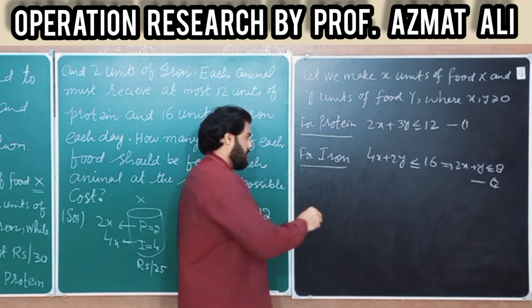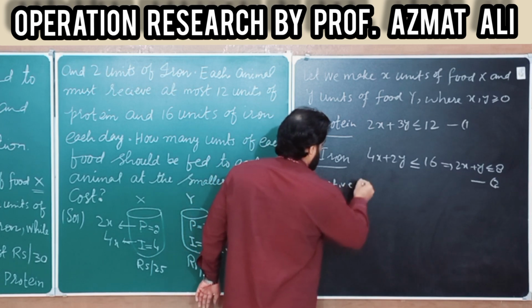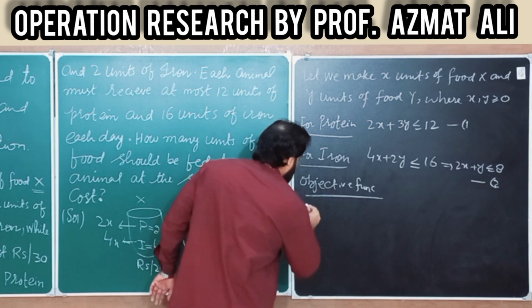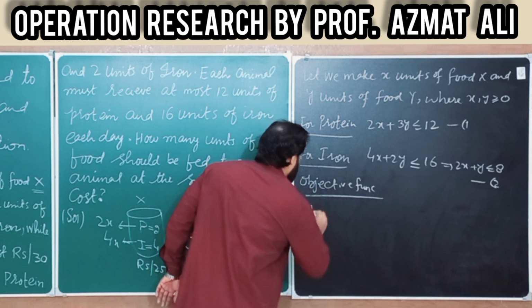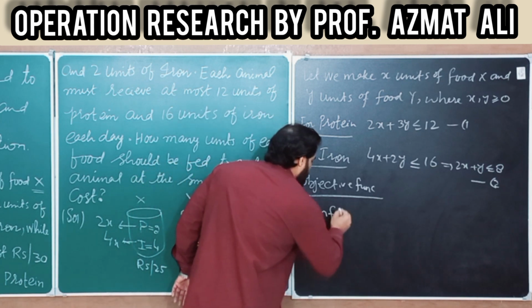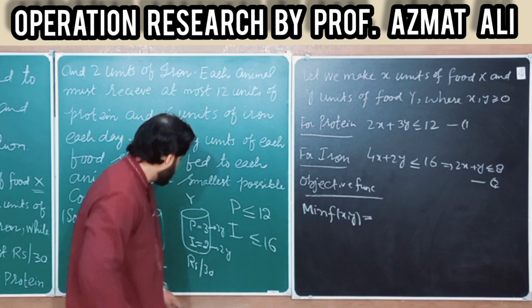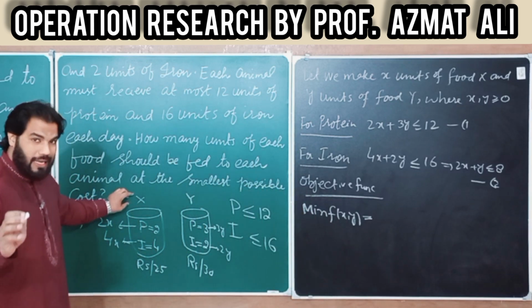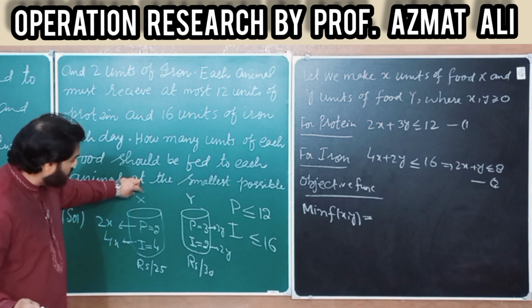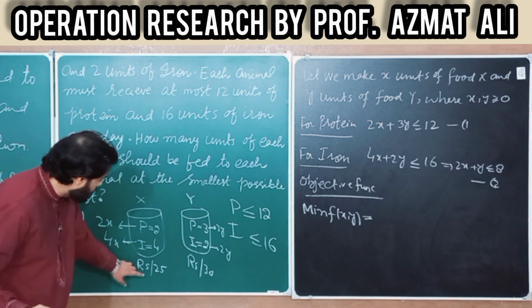Our objective function is the cost function, which we have to minimize. So our objective function is minimize f of x y equal to, as we make x units of food x, per unit of food x cost is rupees 25.